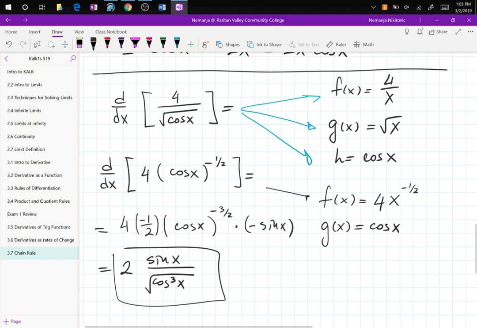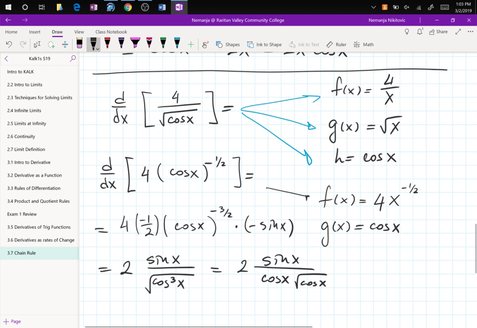Actually, can we do better? No, we can do better. Because now this breaks down into sine x, cosine x, square root of cosine x. If you take 2 cosines away, under the square root becomes square root of a cosine squared, and that's just a cosine outside.